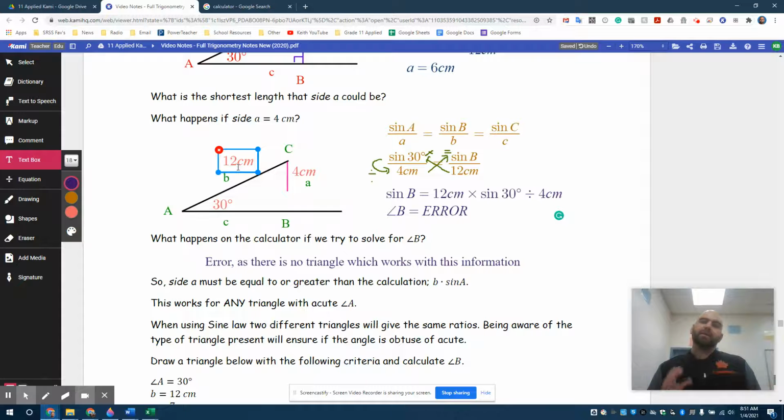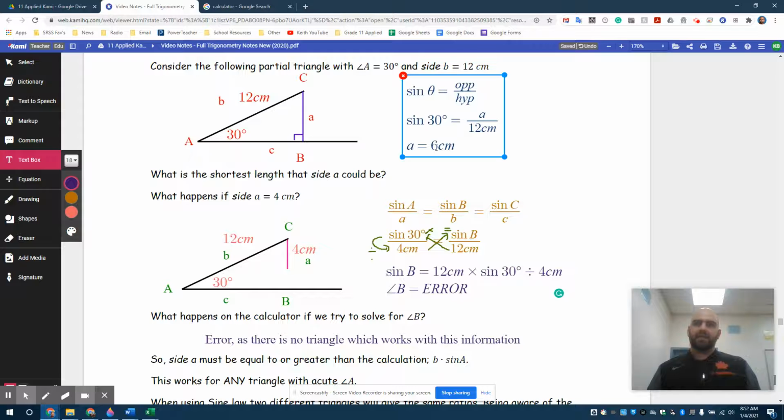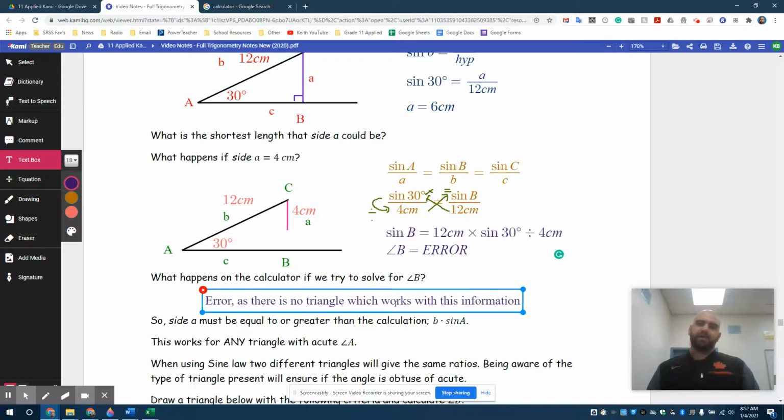Side A has to be equal to or greater than 6 centimeters, as we did before. To find this, we take side B multiplied by sine of angle A, and that gives us our shortest possible distance. If side A is less than that shortest possible distance, it does not work.